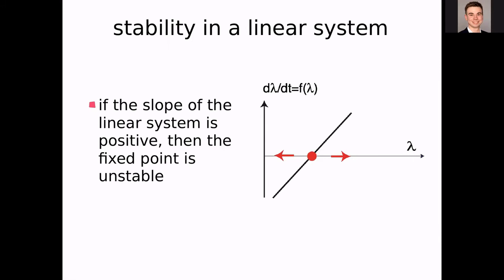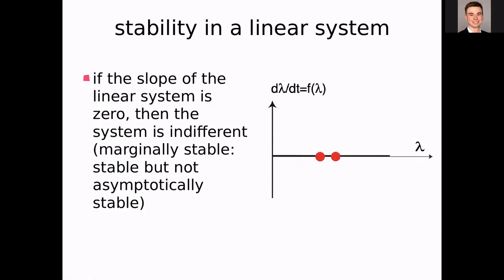Which is kind of impossible in real engineering or physical systems because you always have some noise. Okay, and then we have this weird case where every state is stable, but not really stable.